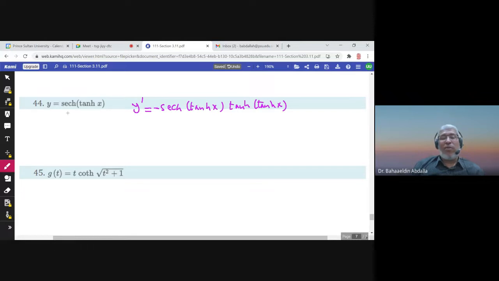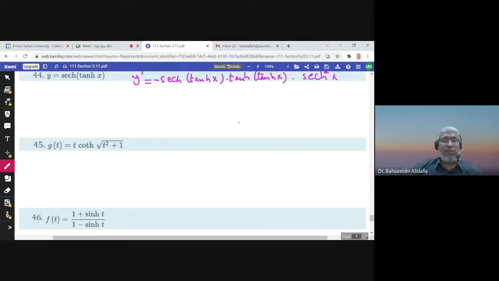So derivative of hyperbolic secant is negative hyperbolic secant times hyperbolic tan. Now times the derivative of hyperbolic tan, which is inside, which is hyperbolic secant square x. Okay, there is nothing I can do here, so I will leave them as they are.